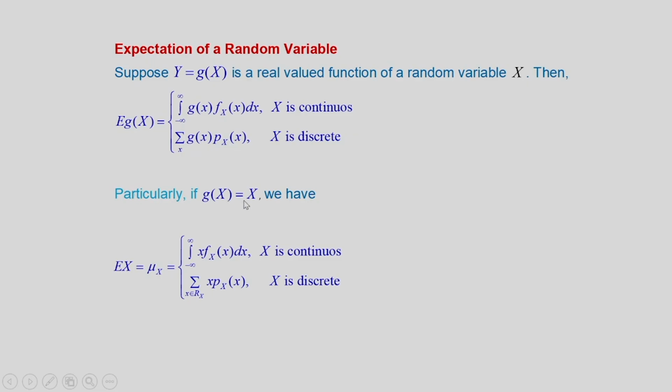Particularly, if g(x) is equal to x, then E of x is called the mean mu x, and by definition this is equal to the integral from minus infinity to infinity of x fx of x dx if x is continuous, and summation over x of x px of x if x is discrete. So, we know what is the mean of a random variable.